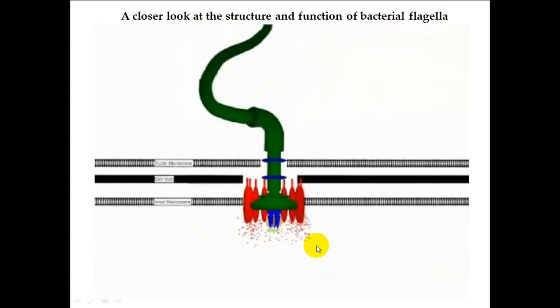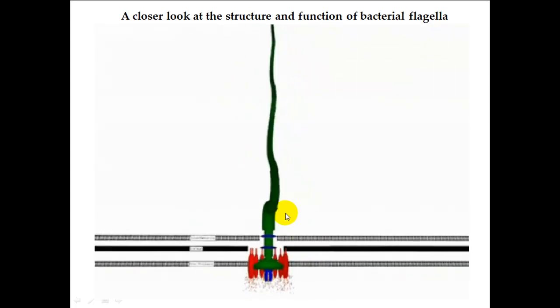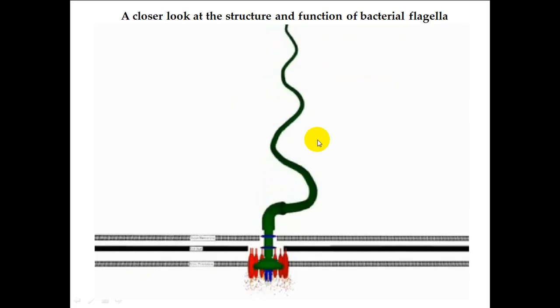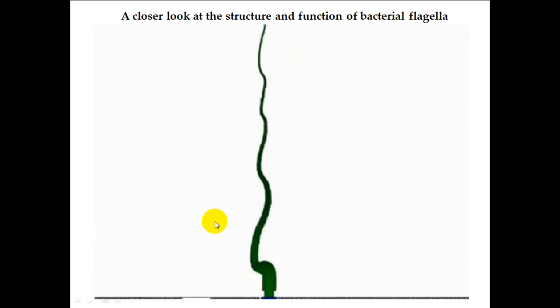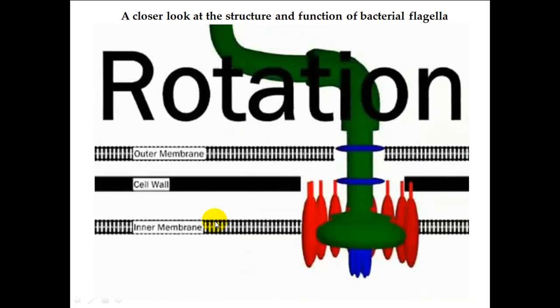Right now it's spinning clockwise, but there are things that can make it stop and then start spinning the other way. Depending on whether the flagellum is spinning clockwise or counterclockwise, those will produce two different types of movements in the bacterial cell. Again, we'll talk more about that in class. So the bacterial flagella is different from eukaryotic flagella in its structure and the way that it moves.